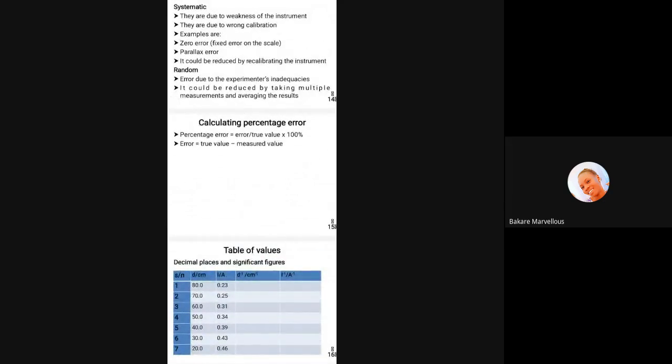Now who is doing slide 15? Calculating percentage error. Percentage error is equal to error over true value times 100%. Error is equal to true value minus measured value. Okay, slide 16 now.